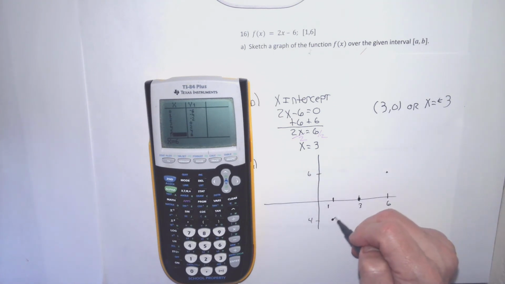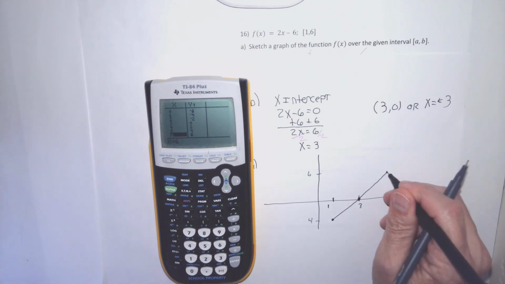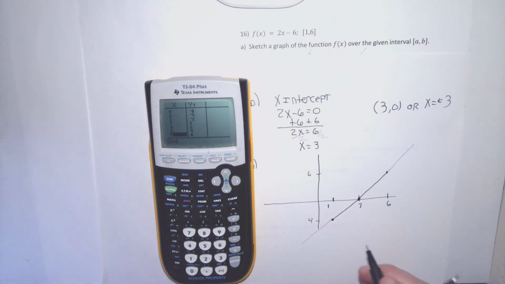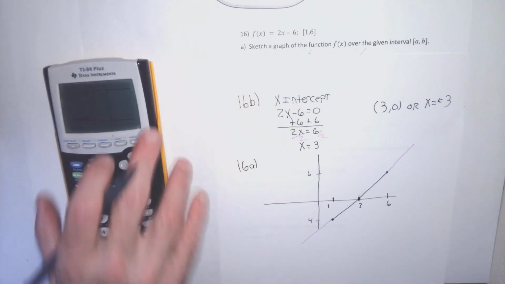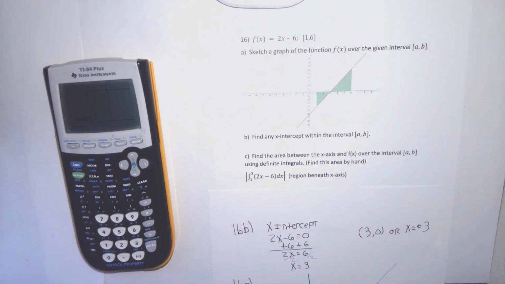So the graph is going to look like this, and the graph goes further, past the 6 and preceding the 1. This is the portion of the graph that I really need to focus on, because I'm trying to find an area between the x-axis over the integral from a to b.